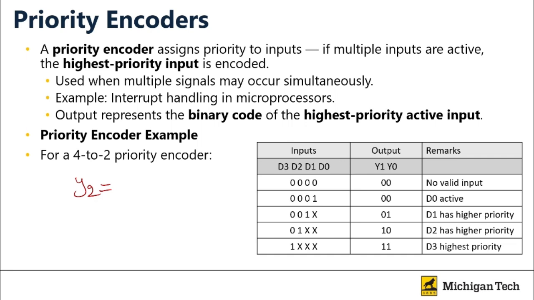So first, what you're going to do, find where Y2 is, sorry, we don't have Y2, it's Y0. What is Y0?